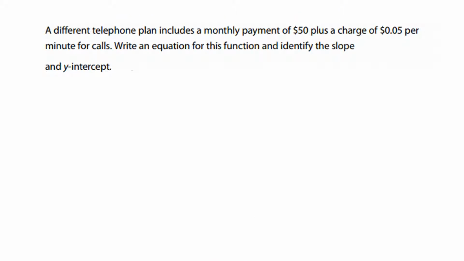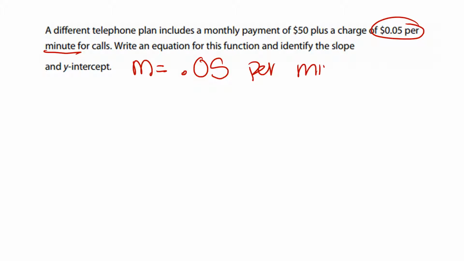A different telephone plan includes a monthly payment of $50 plus a charge of 5 cents per minute for calls. Write an equation for this function and identify the slope and Y-intercept. So our slope, the M value, is going to be the 5 cents per minute. So 5 cents per minute is the slope, the rate of change.